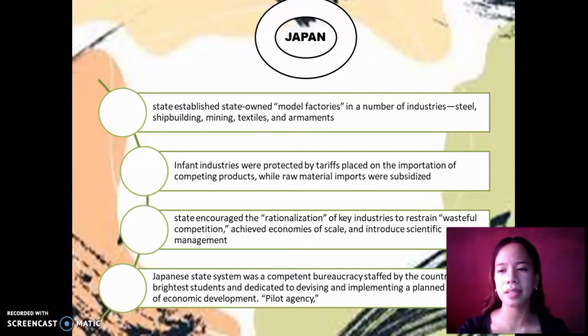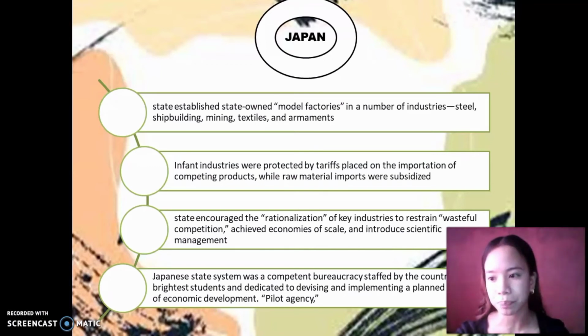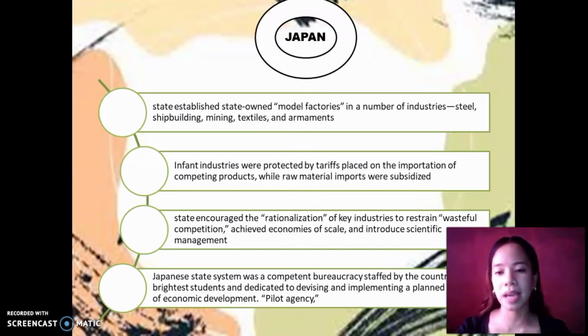So when we say subsidized, it is supported or paid by the government or an organization. So the state encouraged the rationalization of key industries to restrain wasteful competition, achieved economies of scale, and introduced scientific management.